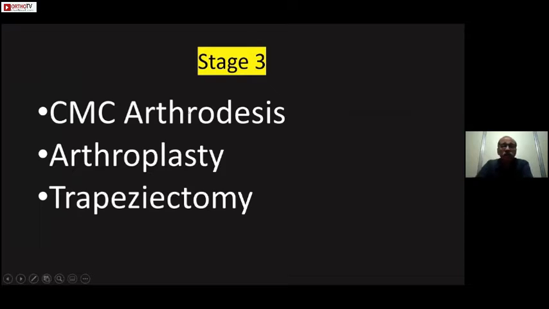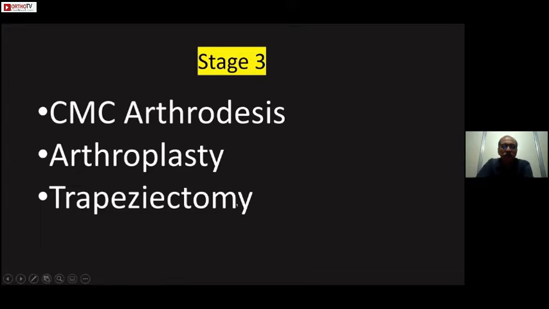The CMC joint arthrodesis is described, which I think works well for young patients. I don't do it. Arthroplasty has been a failure, utter failure. There are so many papers, so many methods of arthroplasty. I would say interposition, implant arthroplasty, they have all failed. Every year we get a new design.